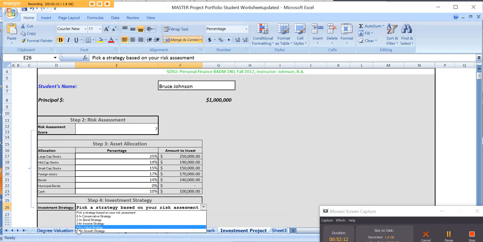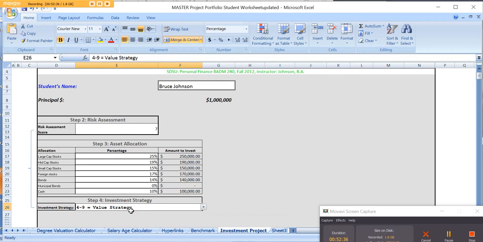Now if you notice over here, these numbers right here, 0 to 1, 2 to 3, 3 to 4, 4 to 9, and 8 to 10, correspond to this number right here, your risk assessment. So I have a score of 9, or excuse me, 7. So my strategy based on risk would be a value strategy.